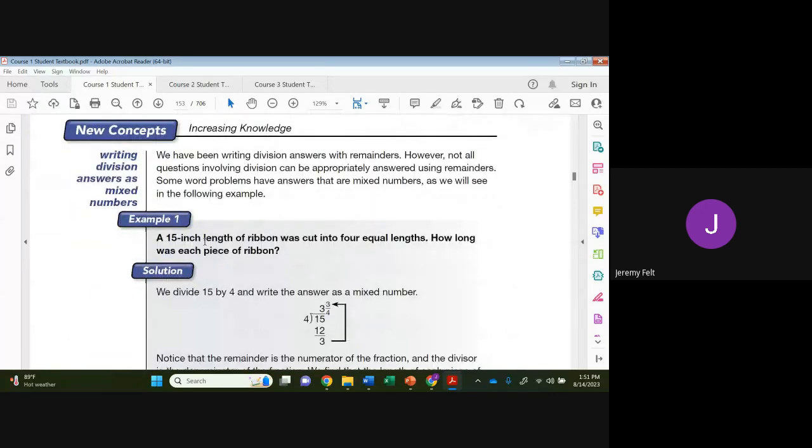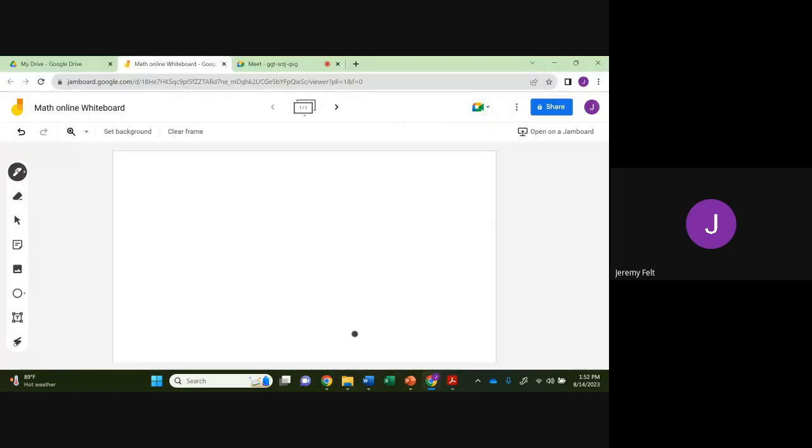So if we have a 15-inch length ribbon, we want to cut into 4 equal lengths. How long would each piece of ribbon be? Okay, well, 15 divided by 4, we know 4, 8, 12, 16, so 12.